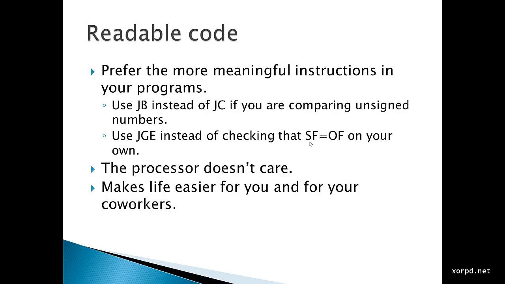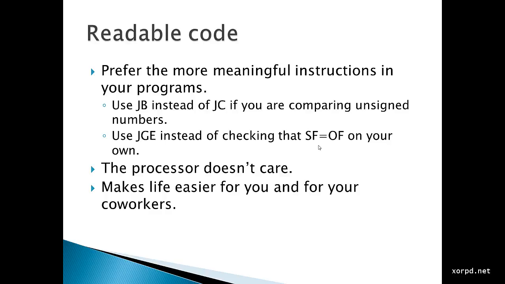You might accidentally forget the right condition for jump greater equal, and maybe you will accidentally check something else. Maybe you will check that the sign flag is not equal to the overflow flag. Another reason is efficiency. The jump greater equal checks this condition pretty fast. If you are going to check it yourself, it will probably take more instructions, and therefore it will be a bit slower. If you do use assembly to program, you probably do care about speed to some extent.